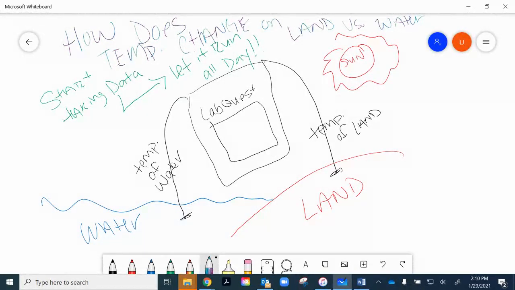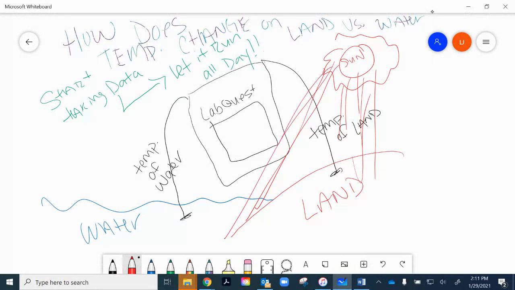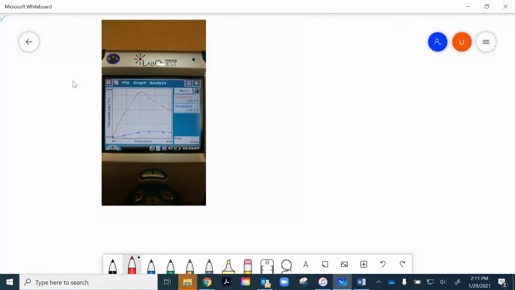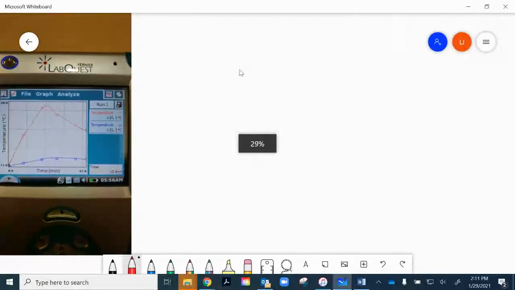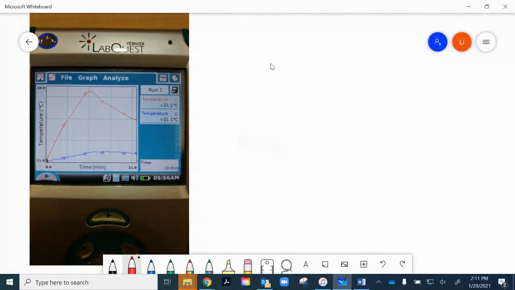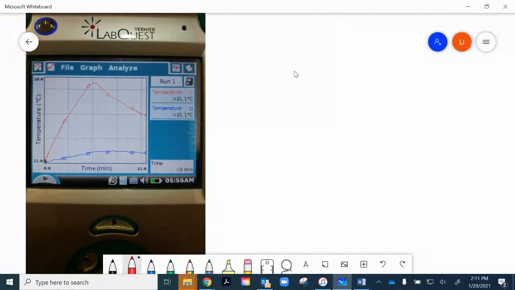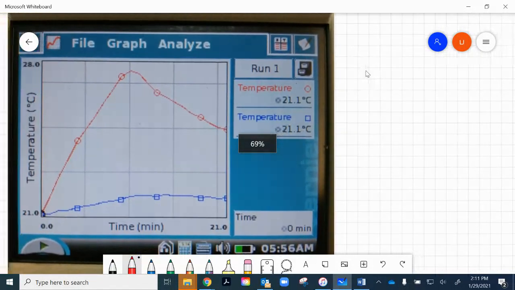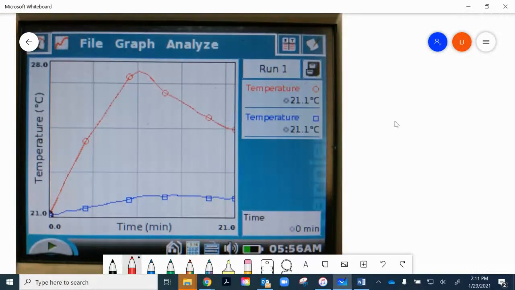How does this work? All day long, sunshine shines down on the land and shines down on the water like this. Well, when we run this, here's what we get right here. Our data looks like this. I'm going to go in as close as I can. Here we go.